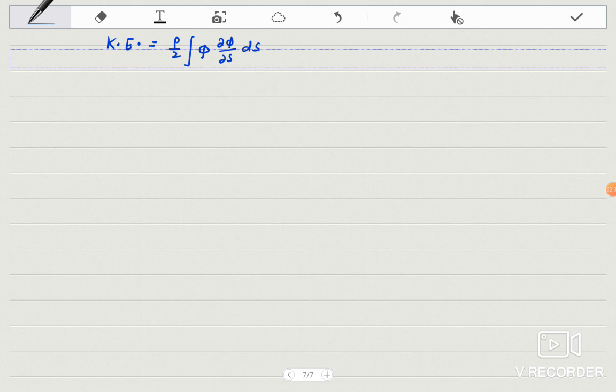What is this del phi by del s? In actual it means del phi by del n, that is, the velocity in the direction of the normal.